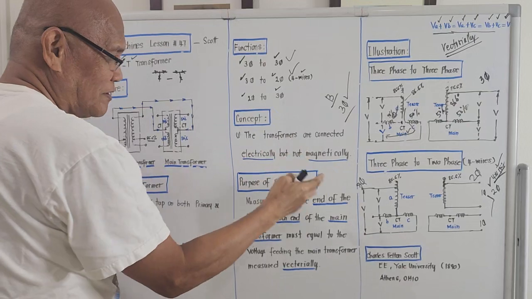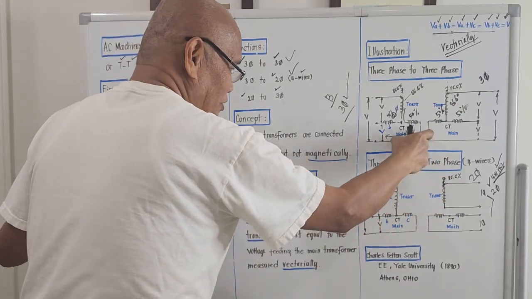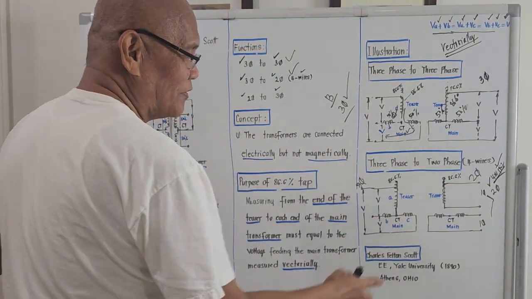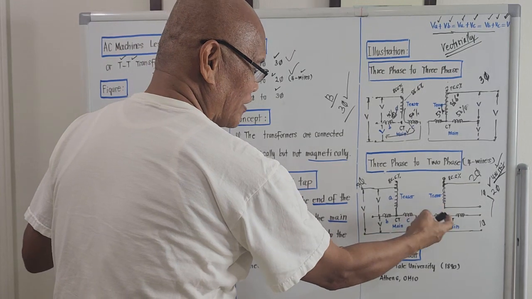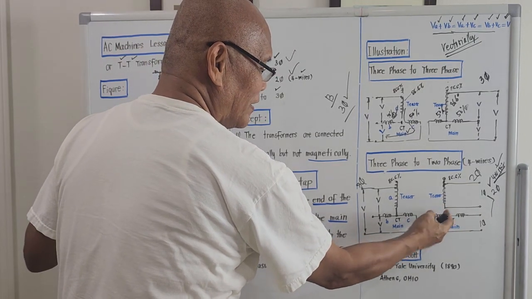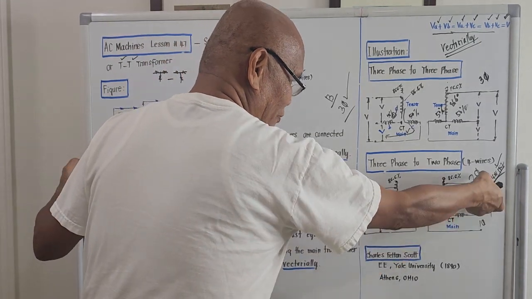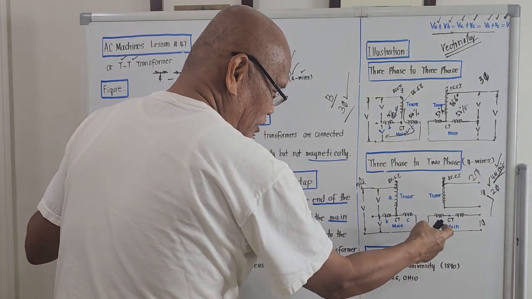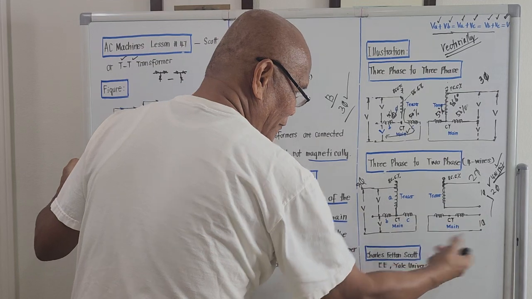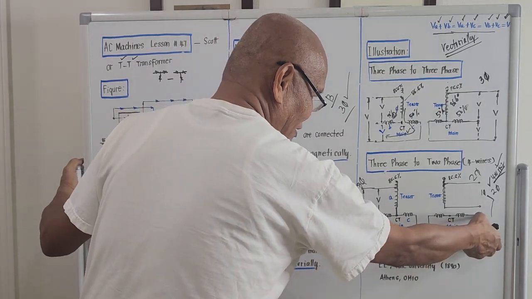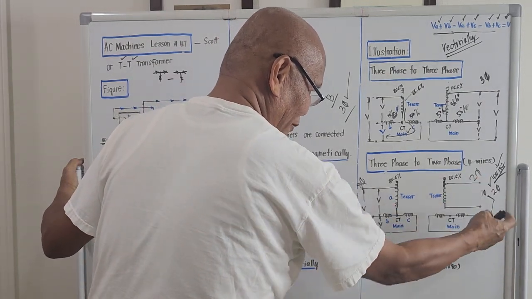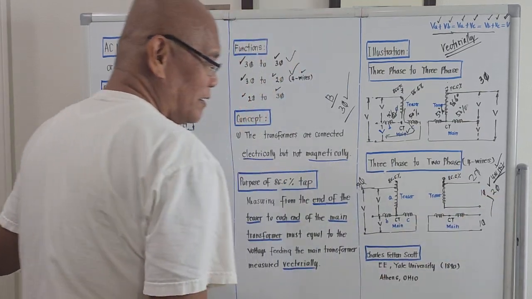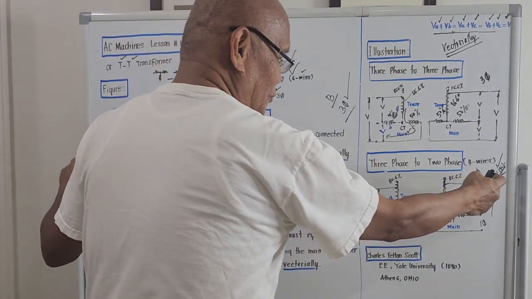Three-phase to two-phase is almost the same connection, except that the other end of the teaser is not connected to the center tap. It goes to the other end of the first phase, and the main transformer has two lines also coming out, and that is considered single phase. So a single phase and a single phase will be considered two-phase.